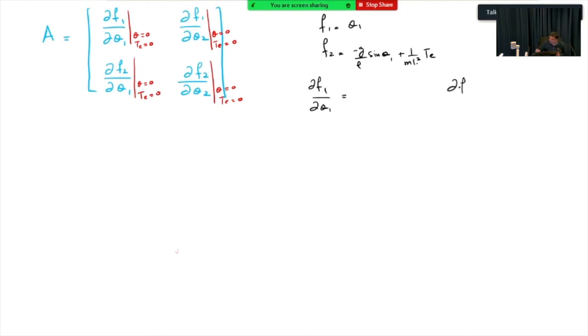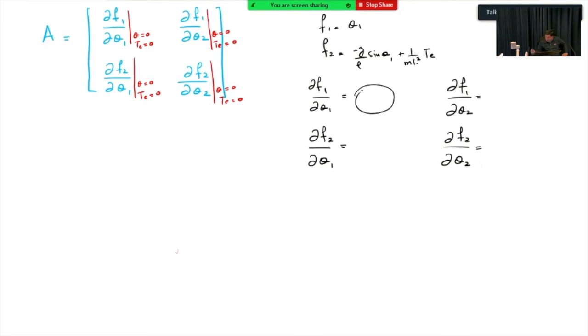So I need 4 derivatives, and you need to help me figure out what are these derivatives. So if you've not been paying attention, now is the time to look at this example. So what is the curly f1 by curly theta 1?